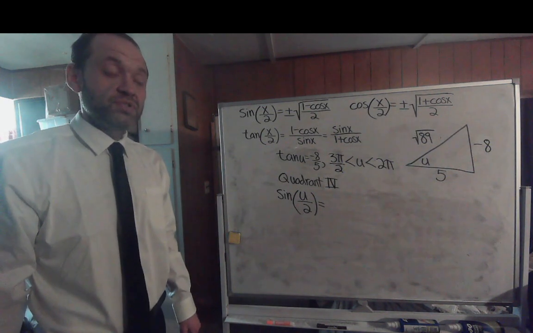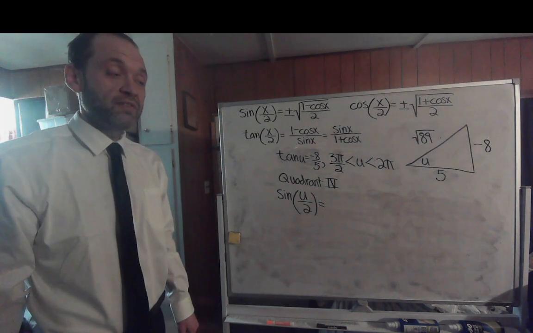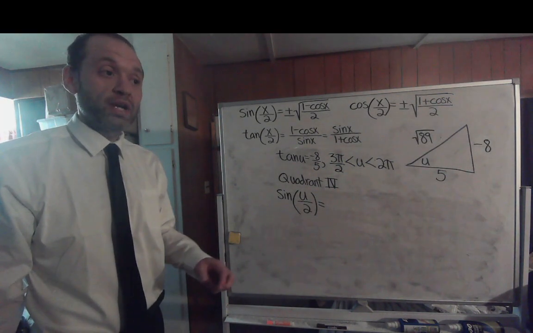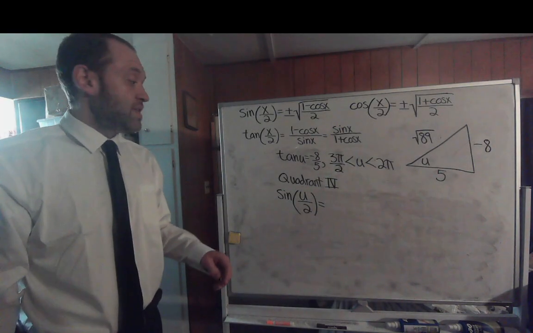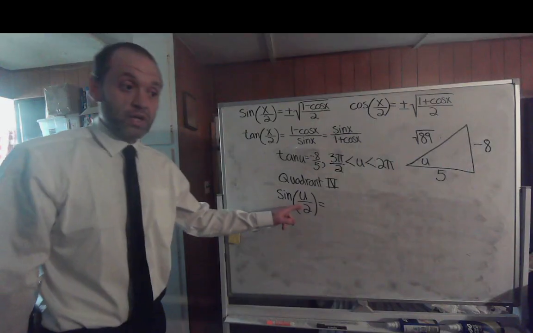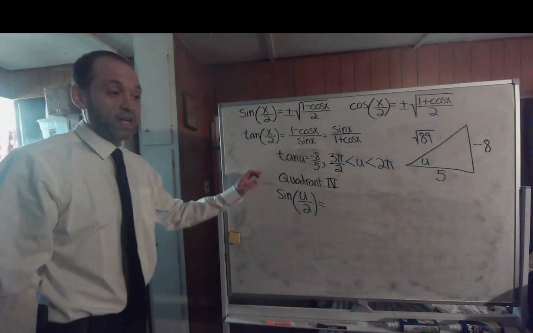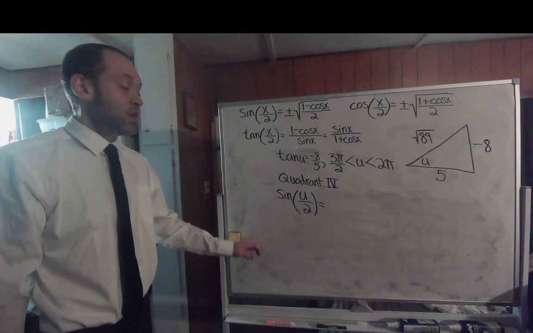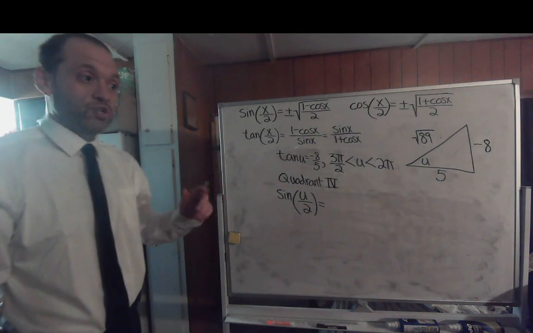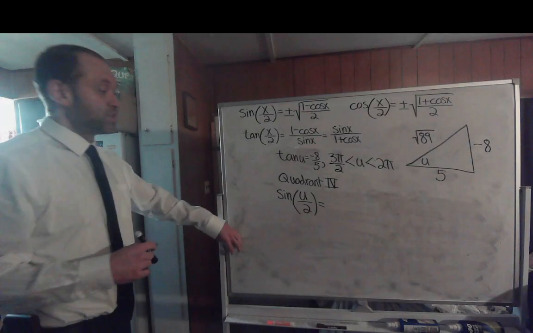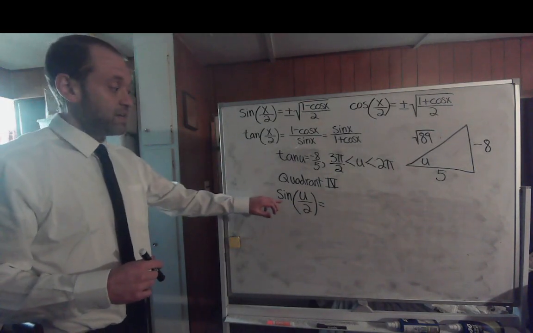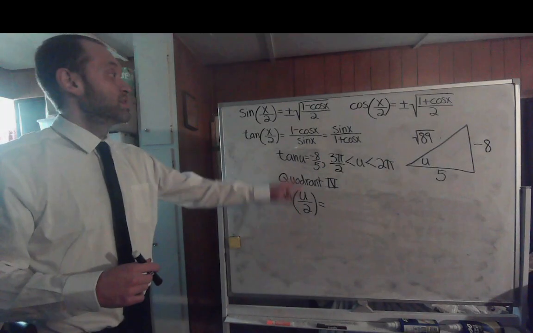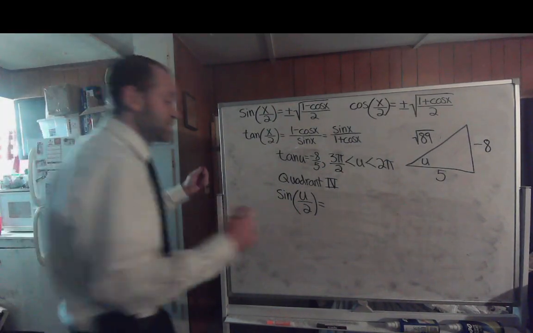Well, half of 270 where it starts is 135, half of 360 where it ends is 180. That means you're still in the second quadrant. So half of a fourth quadrant angle is also going to be a second quadrant angle. So that means for the sine of u over 2 itself, we'll take the positive square root since it's in the second quadrant.